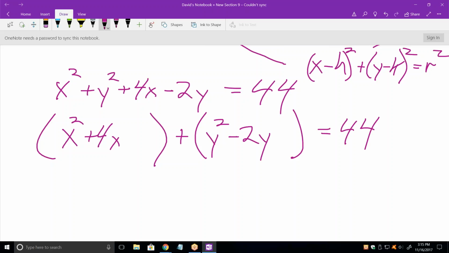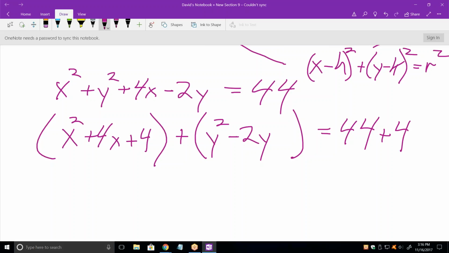Now let's do the completing the square part. You take half of the first one and square it. Just tell me what number goes in here. So it should be 4, right? Okay, and tell me what I have to do now. Now you add the 4 to the 44.